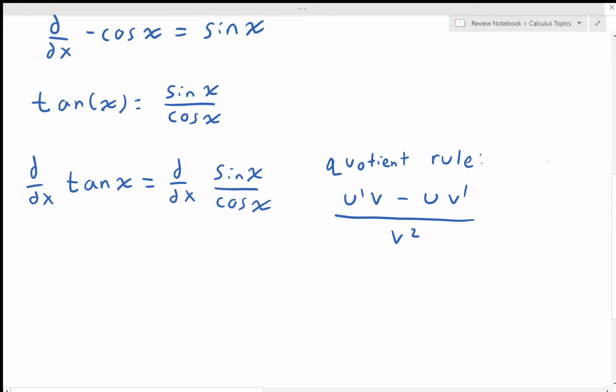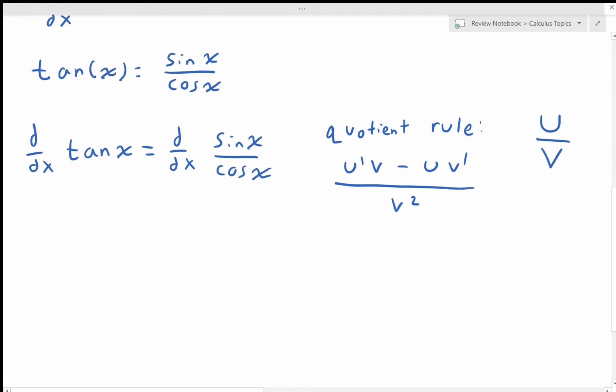So for all these, I'm just going to define each one. u equals sine of x, v equals cosine of x, u prime equals cosine of x, and then v prime would be negative sine of x.